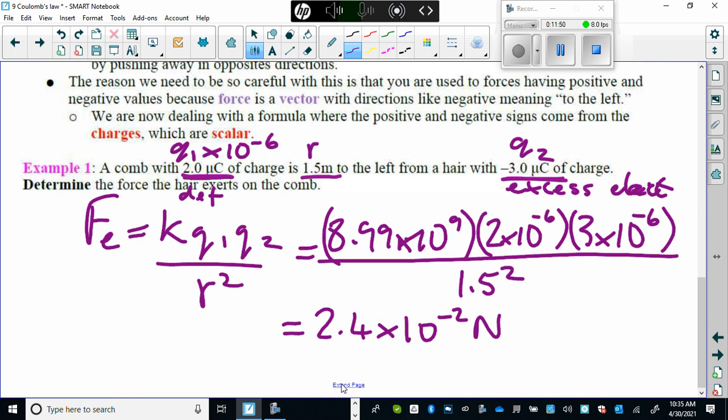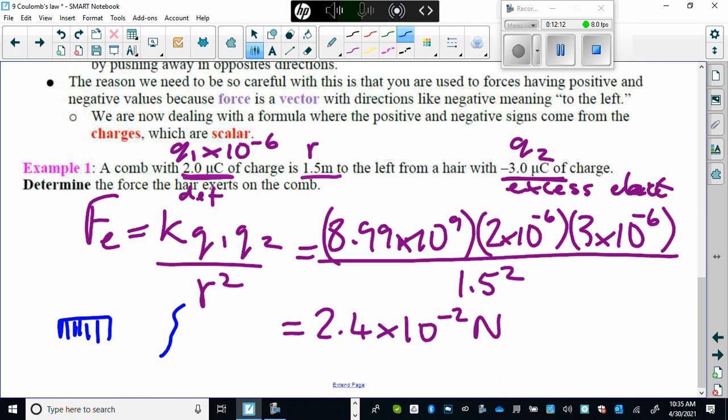Now, actually, sorry, I should have been a little more specific about this. We should have drawn at least some kind of diagram. We've got a comb, and it's to the left of the hair. So here's the hair, here's the comb. And they're oppositely charged, so they're going to be drawn towards one another.